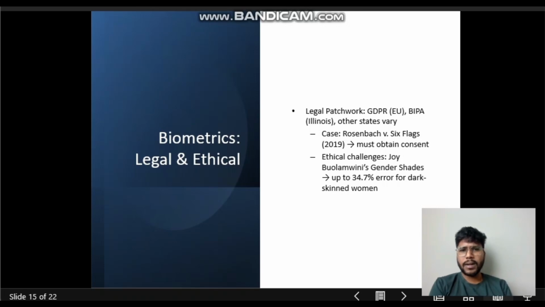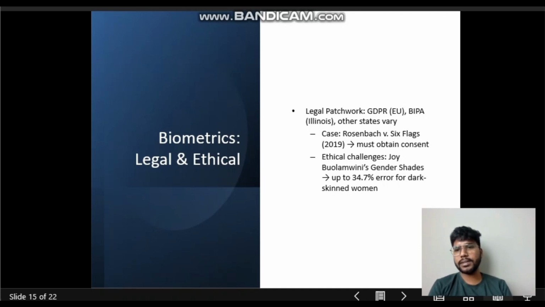As a case study, in 2018, the Gender Shades study found that some commercial facial recognition systems had error rates up to 34.7% for dark-skinned women versus 0.8% for light-skinned men. This disparity isn't a mere bug.